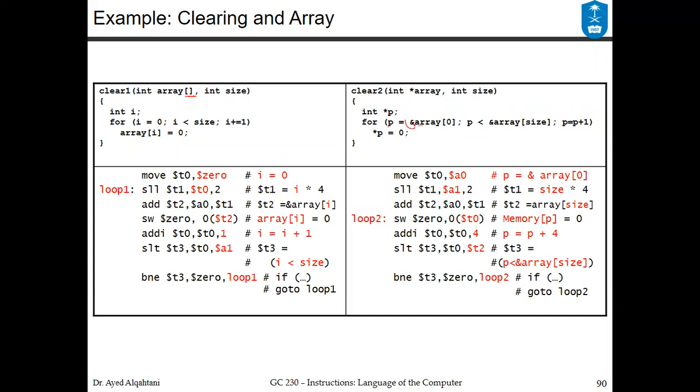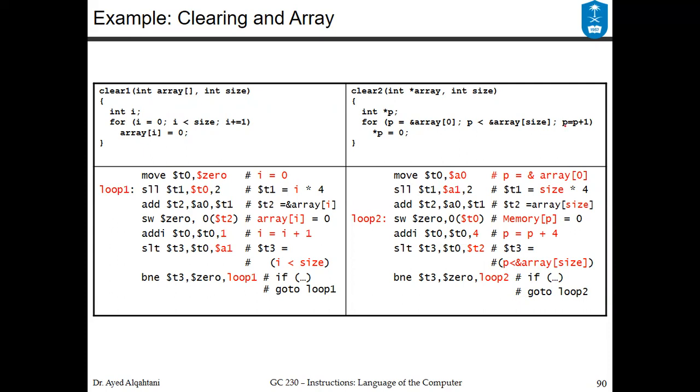When you see this example, you can say instead of at, you should say the address of. So this pointer is equal to the address of array of 0. Now you check if the pointer is less than the address of the array of the last member, which is residing at the index size.